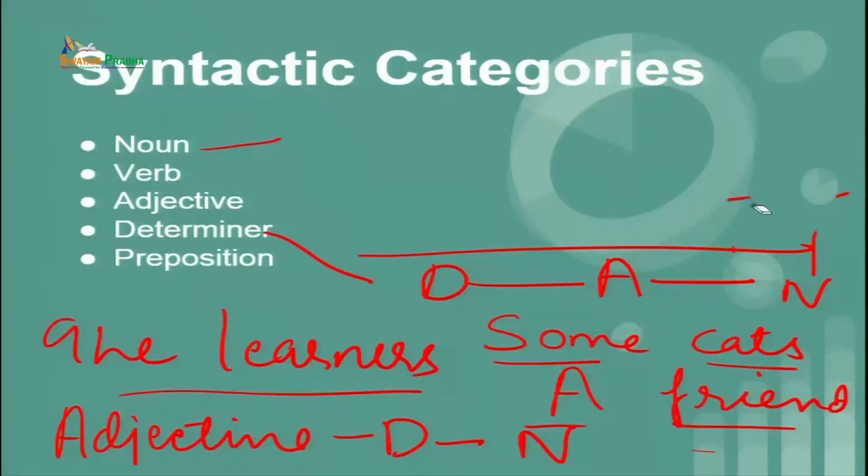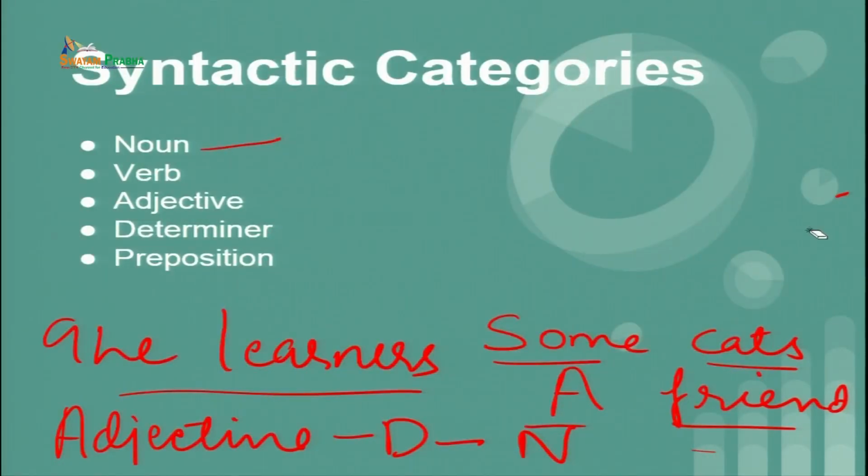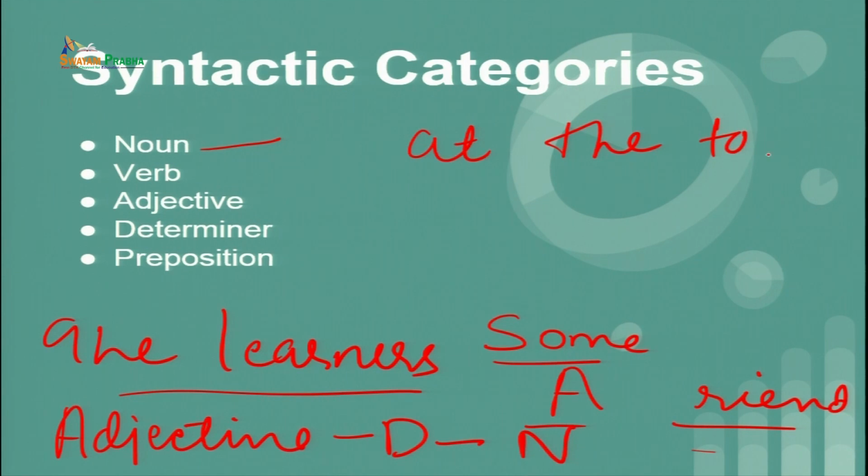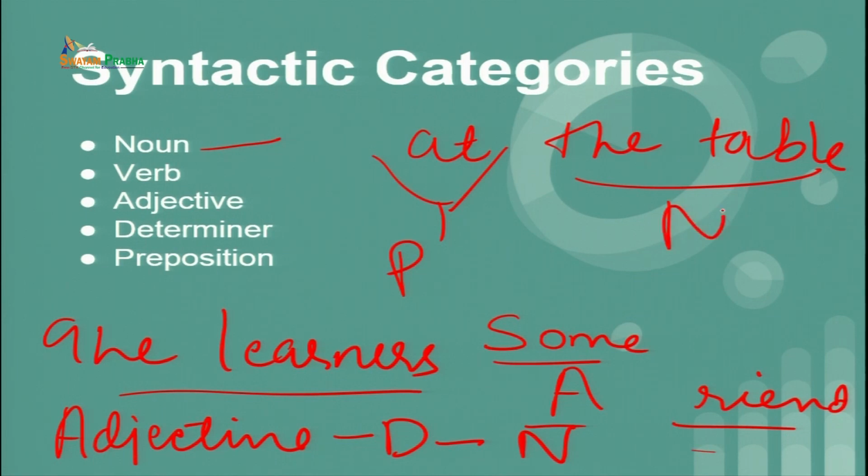Similarly, you say preposition. In preposition, you have one important aspect to note, that a preposition comes before a noun phrase. If you look at its composition, you will find at the table, or in case you write on the table, then what placement do you look for? Basically, at is coming before the noun phrase, so you will write preposition and then noun phrase.